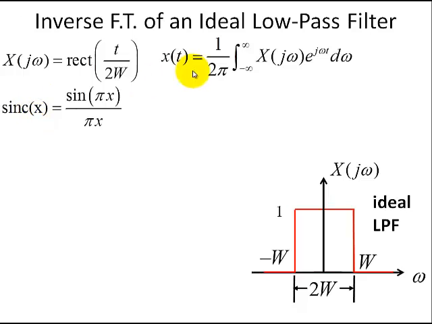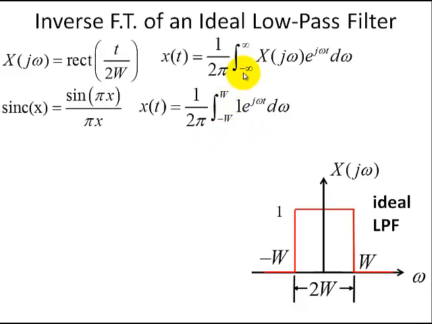We're going to show that the inverse Fourier transform of this low-pass filter follows the form of a sinc, as we define here: sine of πx divided by πx. Substituting our rect function, since it has a height of 1, we just put a 1 in our definition here.